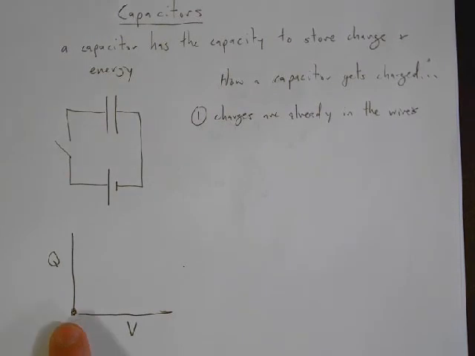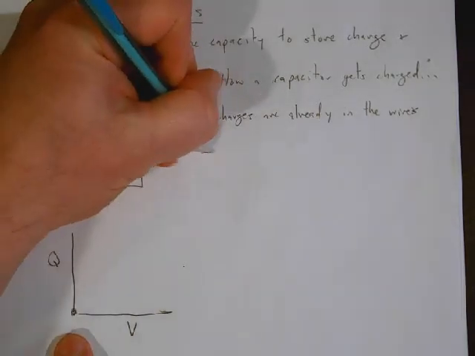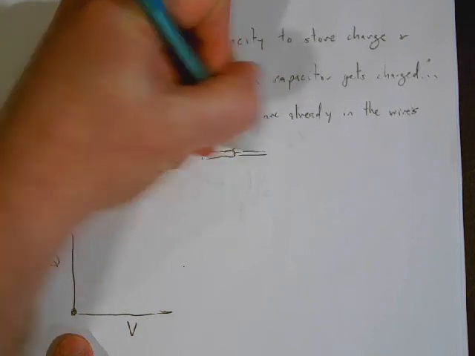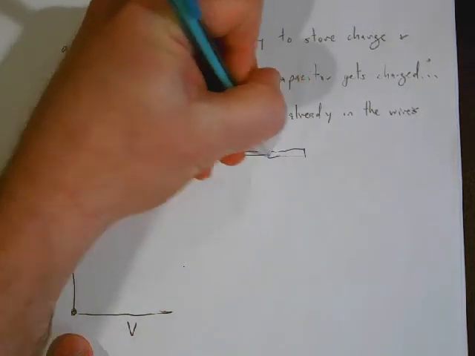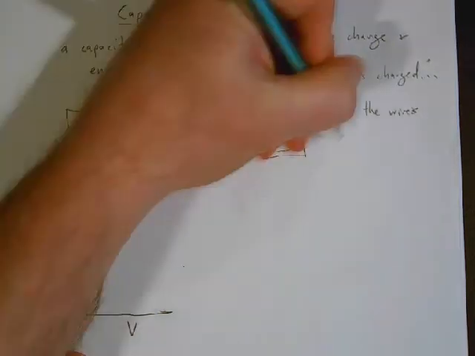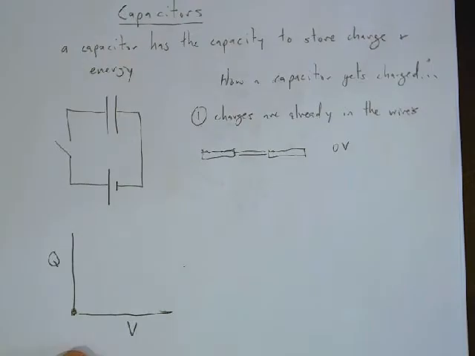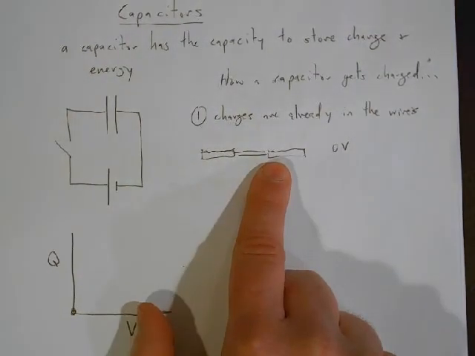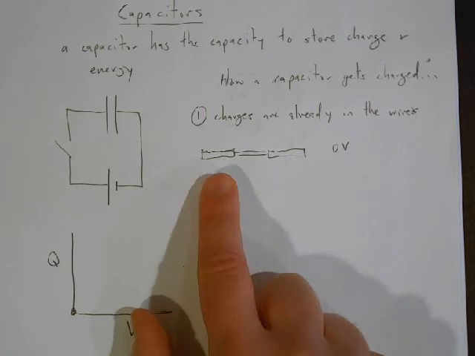You can think of it like I have two ponds, and the two ponds are at the same level. So there's no potential difference. There's 0 volts from this plate to this plate. Okay.